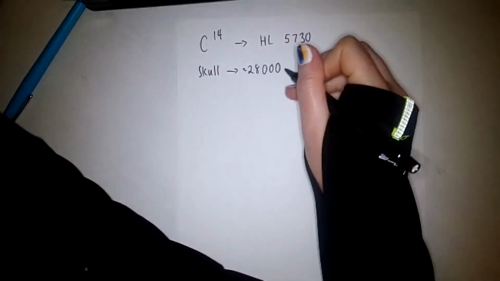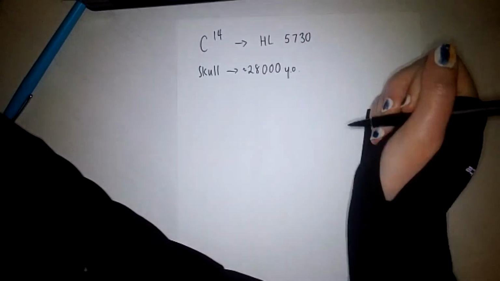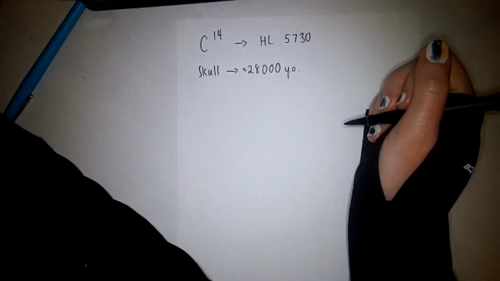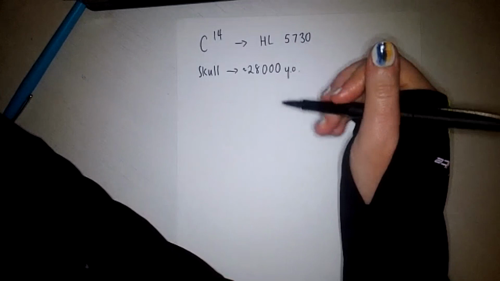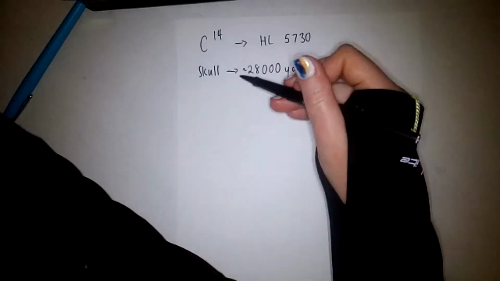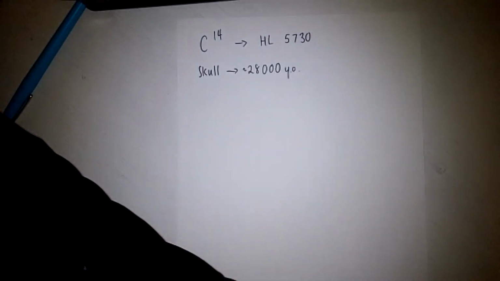What they want to know is what is left of the carbon 14 in this skull. Now, just to put it into context, carbon 14 is used to carbon date material. So if they can figure out the proportion of the carbon 14 that's present, they can figure out the age of the material.